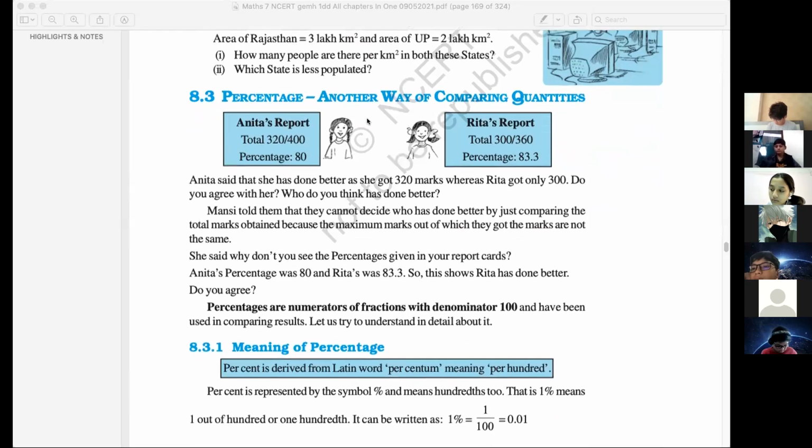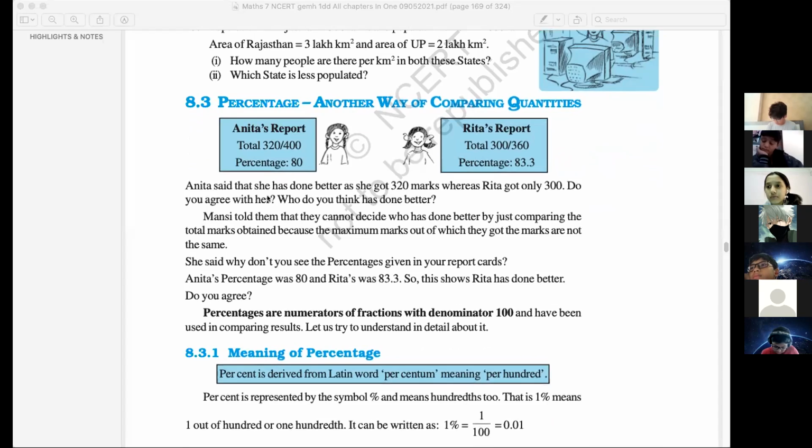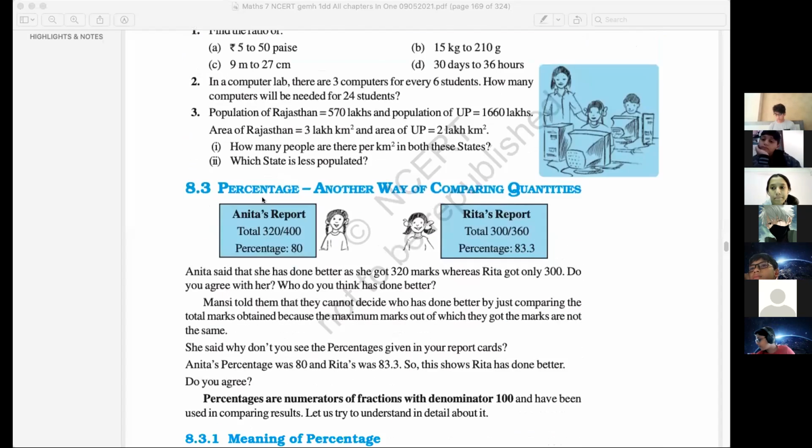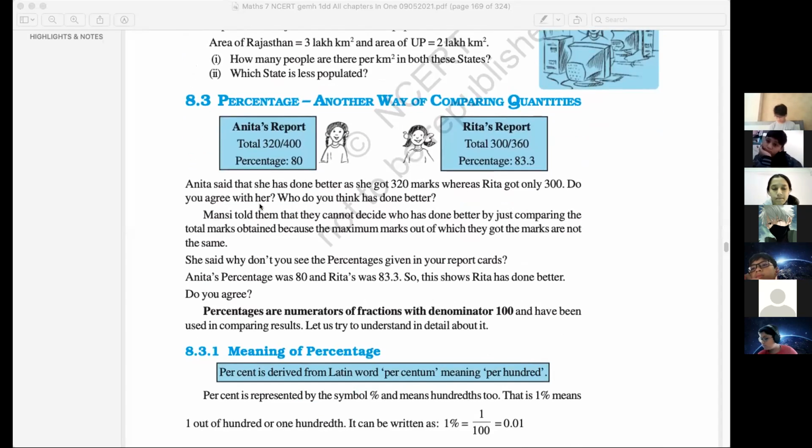Okay, so one way of comparing quantities is ratio, which we have done just now. Another way of comparing quantities is percentage. Suppose you have given a test which is out of 50, and your friend who is studying in another school has given a test which is out of 25.